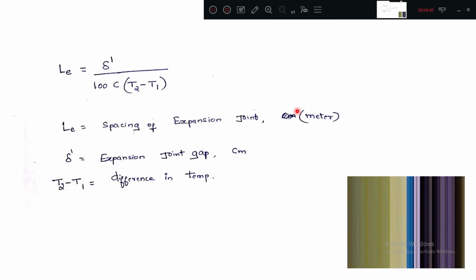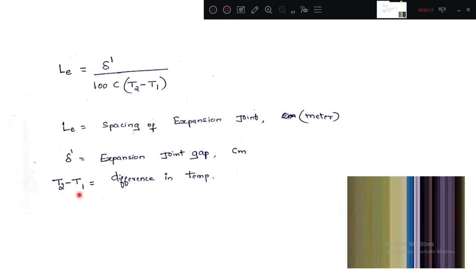Now the formula to calculate LE is delta dash divided by 100 C into T2 minus T1. What are these values? LE is the spacing of expansion joint, and it comes in meters. Delta dash is the joint gap, the small joint gap, and that is in centimeters.